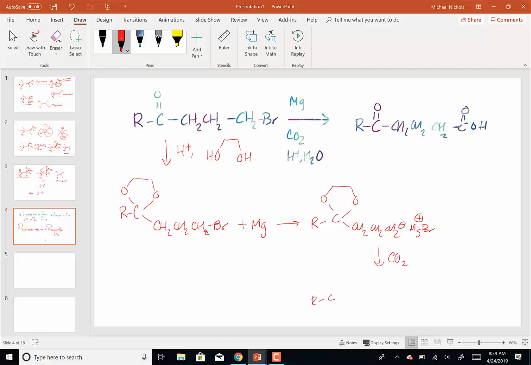So that's going to make carboxylate because I haven't added any acid yet.